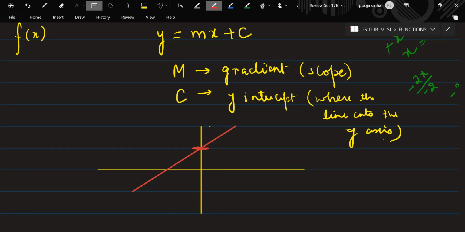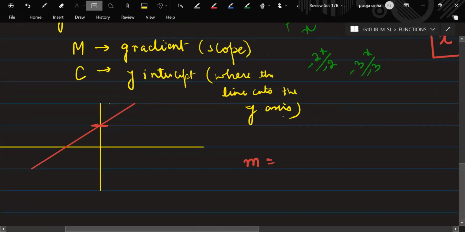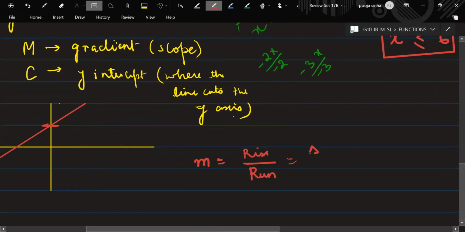And gradient is the number of times it goes up on the y-axis when it goes up 1 on the x-axis. Yes. And how do you find the gradient? It is rise upon run. There are many ways we can say it. It is rise upon run, or you can do it by change in y upon change in x.